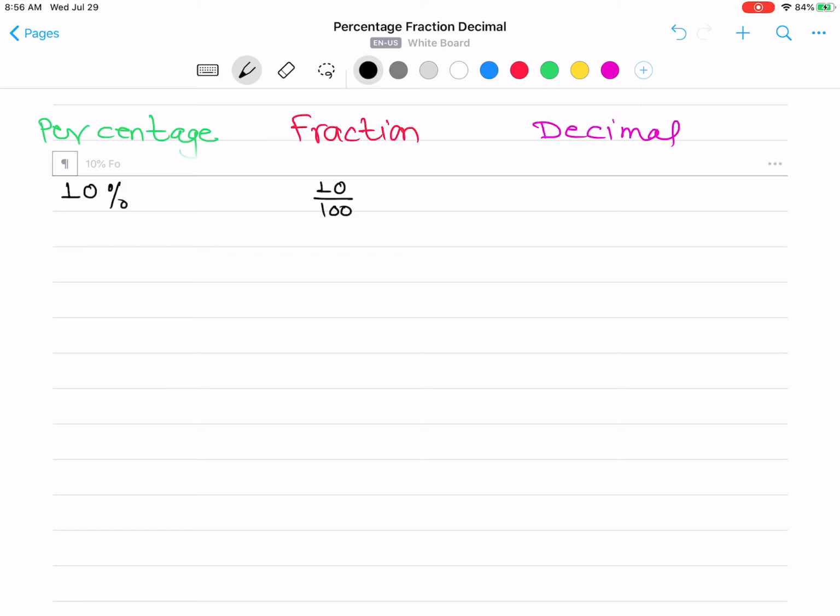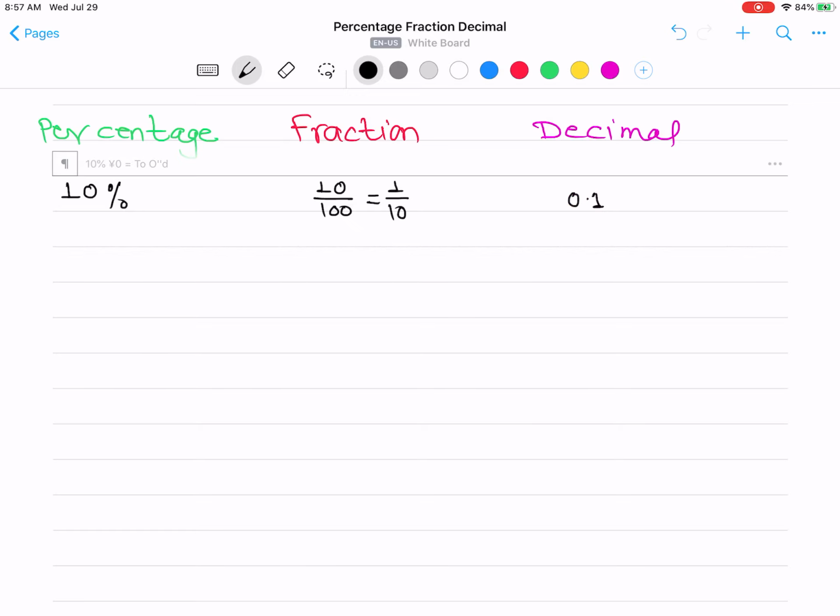So always remember, dividing by 10 is just shifting, or it's equivalent to 1 by 10. So if 100 divided by 10 is 10, and this 10 divided by 10 is 1. Again, if 1 is divided by 10, then it will give you 0.1.